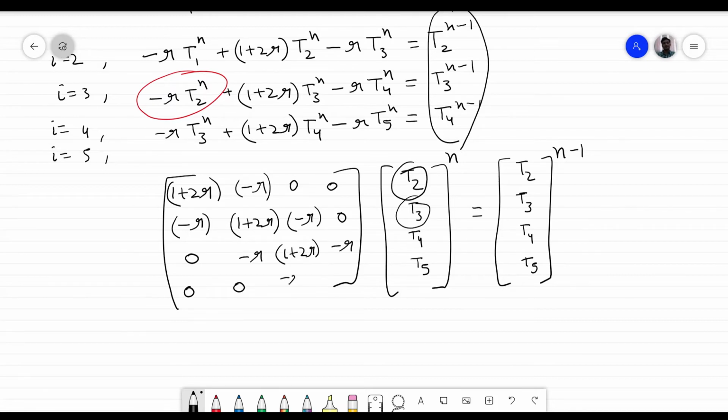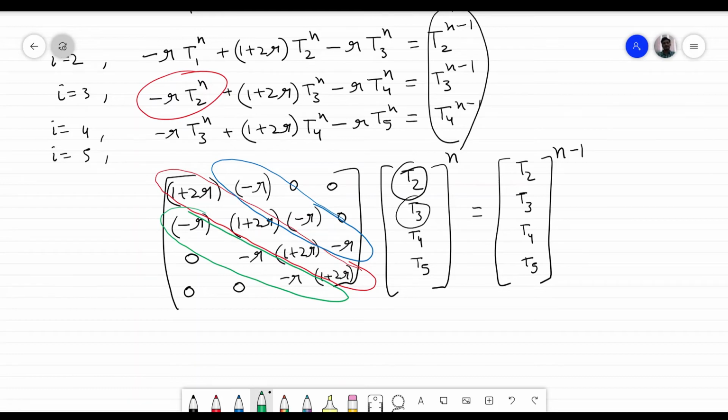Then 0, 0, minus r, 1 plus 2r. So you can see that these diagonal terms are same, 1 plus 2r. And then you have an upper diagonal of minus r's and a lower diagonal of minus r's. And then you don't have any non-zero coefficient in the rest of the matrix.